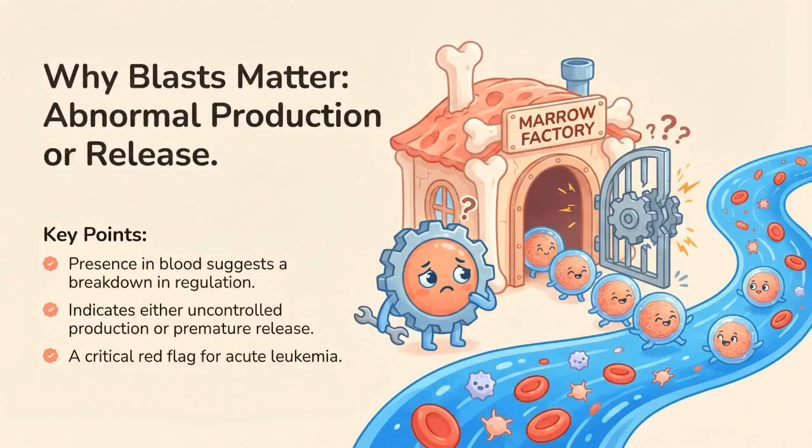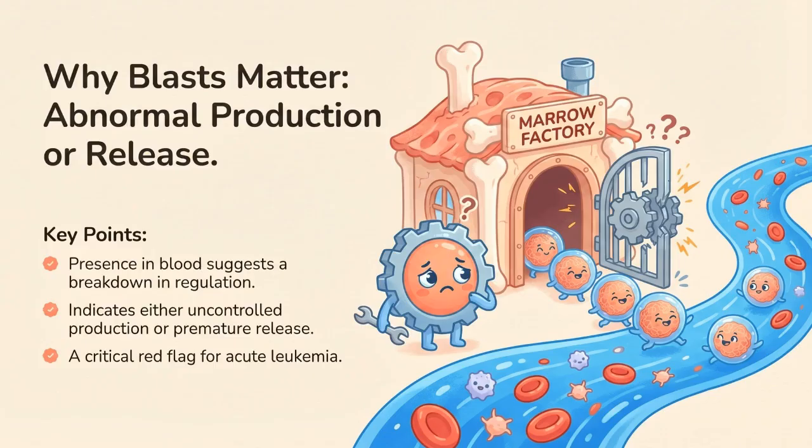The presence of blasts in the peripheral blood is not merely an interesting morphological observation. It is a profoundly significant clinical finding that demands immediate attention. As we just discussed, blasts are immature precursor cells normally confined to the bone marrow. Their appearance outside the bone marrow strongly suggests a fundamental disruption in normal hematopoiesis, indicating either abnormal production or premature release of these immature cells. Normally, the bone marrow acts as a tightly regulated factory, releasing only mature, functional blood cells into circulation.